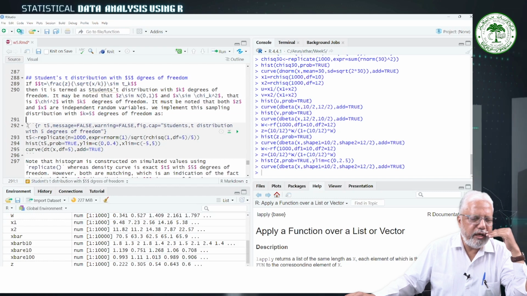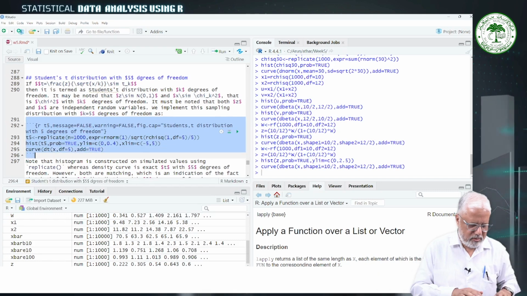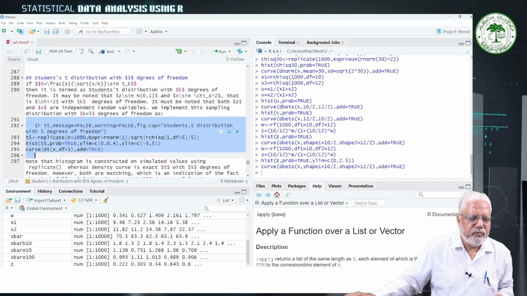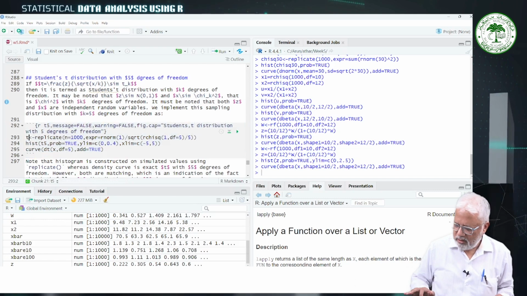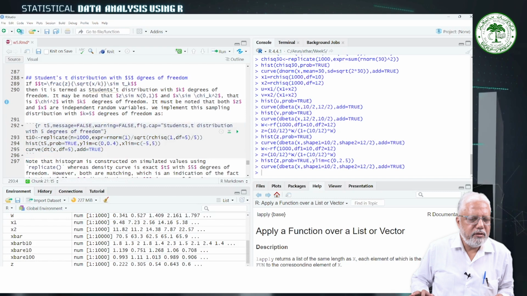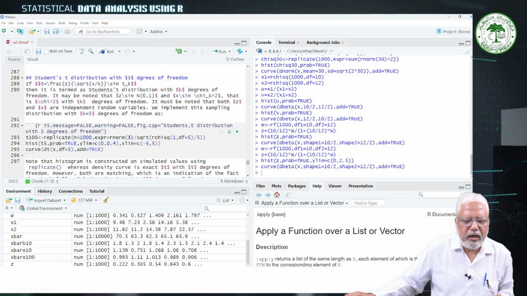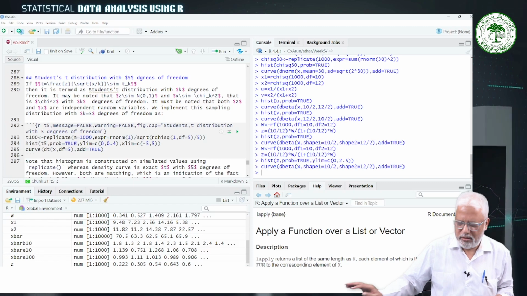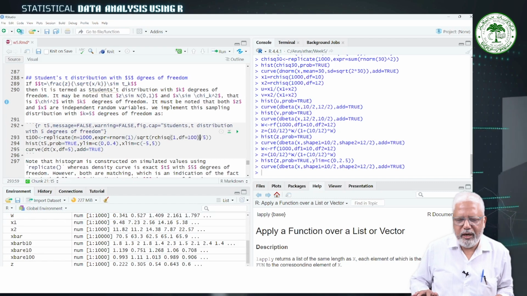I am going to write an expression here, or even we can make changes here, like T100, replicate rnorm, rchisq with df equal to 100, and we have to divide it by 100.